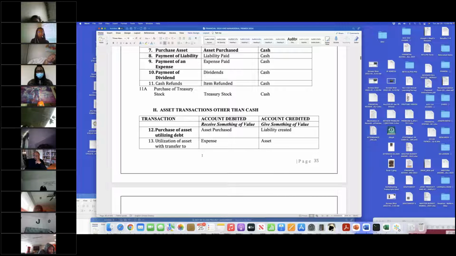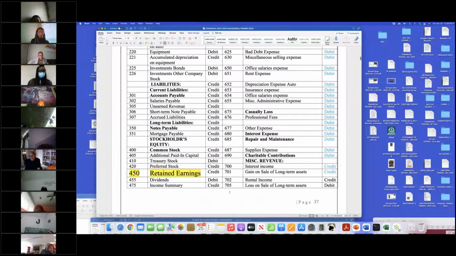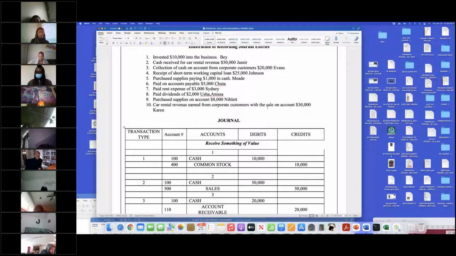Then we have 15, sale on account. A sale on account occurs when you do the work and you get paid later. So you've done the work. Corporate customers have rented the cars. You're going to bill them and they're going to pay later. That becomes a type what?